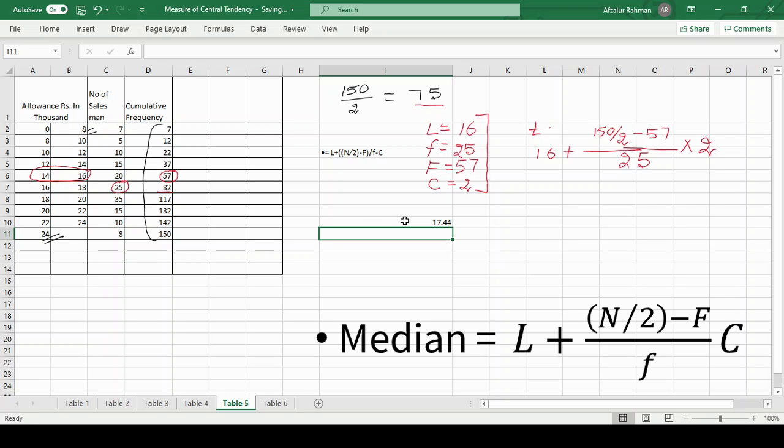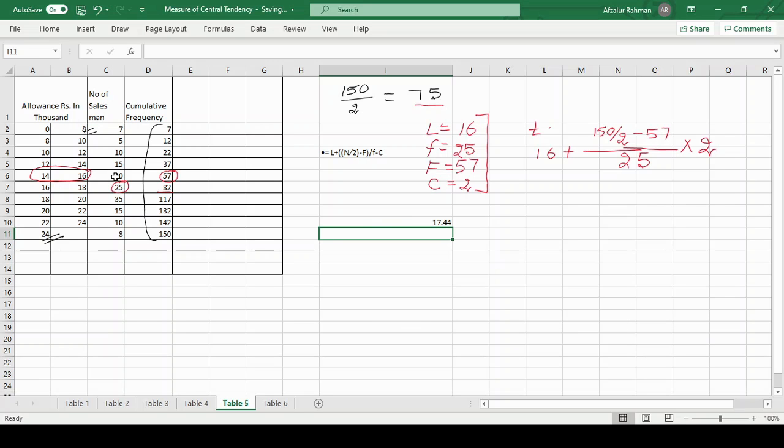The number of salespersons here is 150. What is the median? 17.44. Taking it as approximately 17,000 taken by the employees, before that the number of employees is equal, and after that the number of employees is equal.